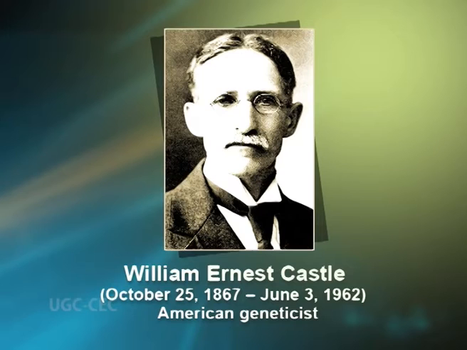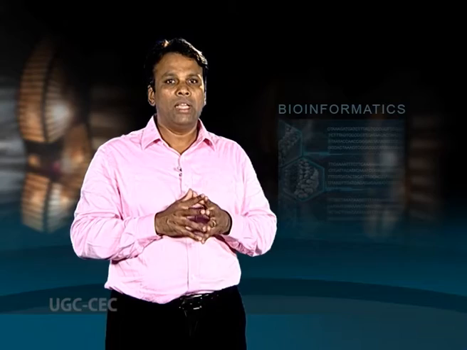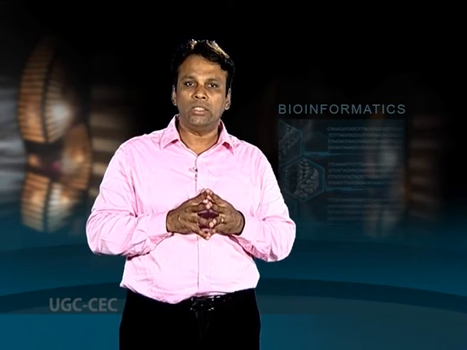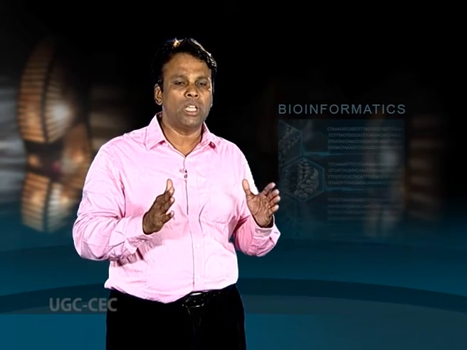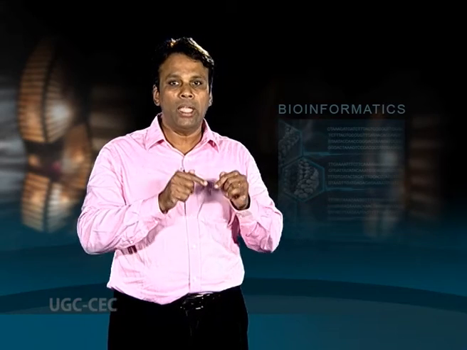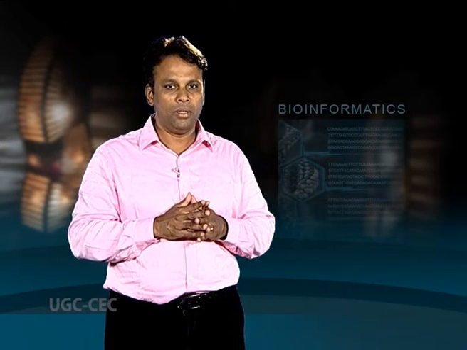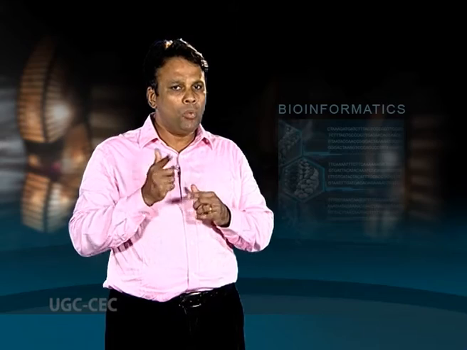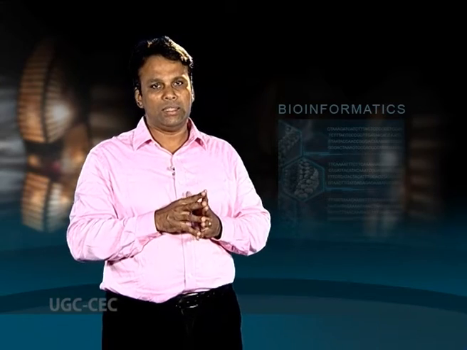In 1910, William Ernest Castle, an early American geneticist, and Clarence Cook Little, an American genetics, cancer and tobacco researcher as well as an academic administrator, established Cuénot's discovery of lethal genes by proving that a quarter of the offspring from crosses between the heterozygotes died due to failure of implantation in the uterine lining during embryonic development. One quarter of the offspring, that is homozygous yellow mice, died, which Cuénot did not see in his tests.